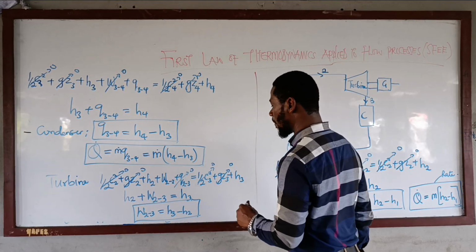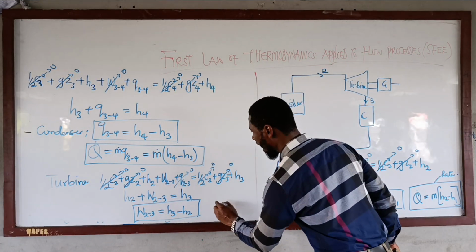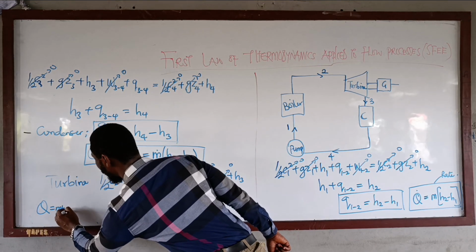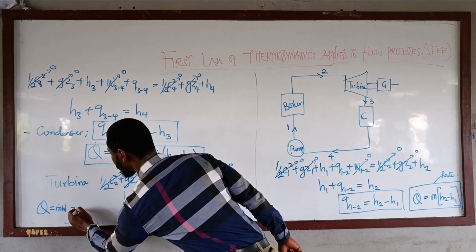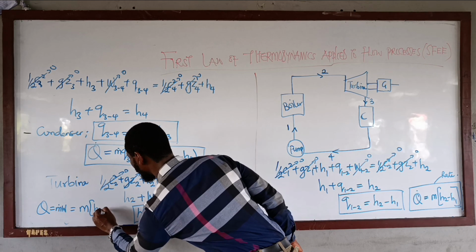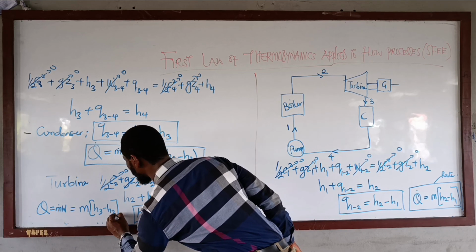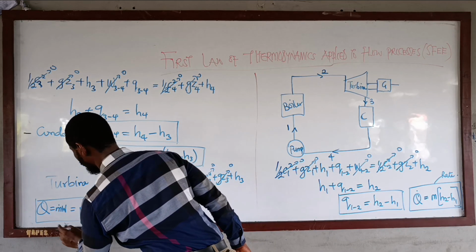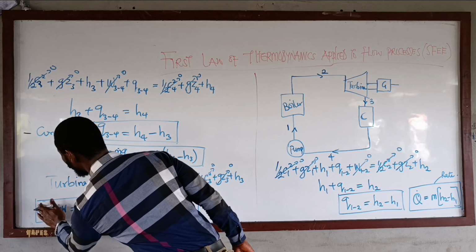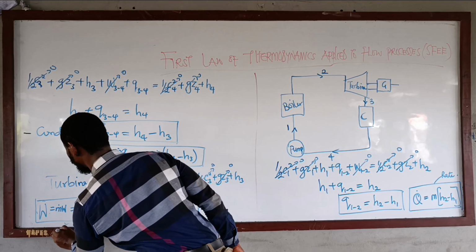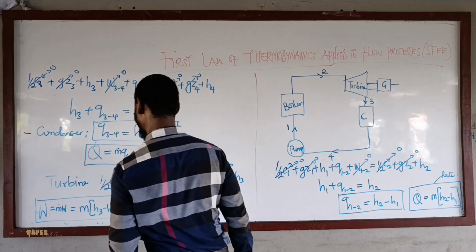And in the rate form, it is given as W dot equals m dot multiplied by W, which is the same thing as m dot into bracket H3 minus H2. This is given as the rate form. I'm sorry, W. This is W in the rate form.